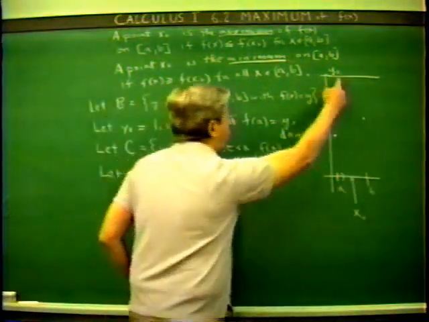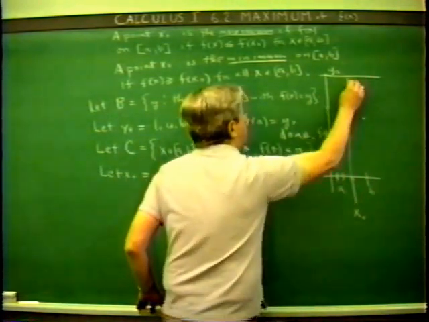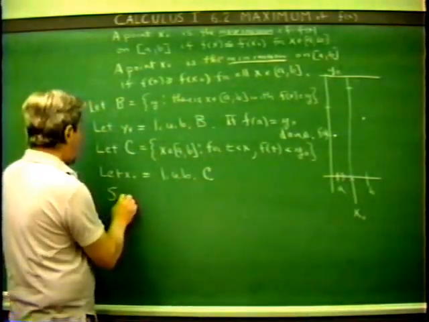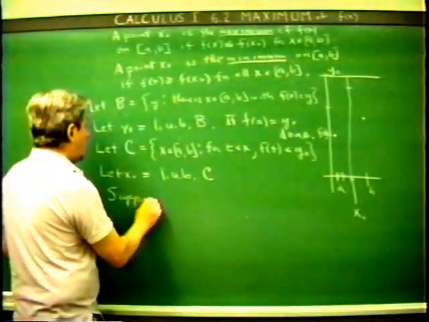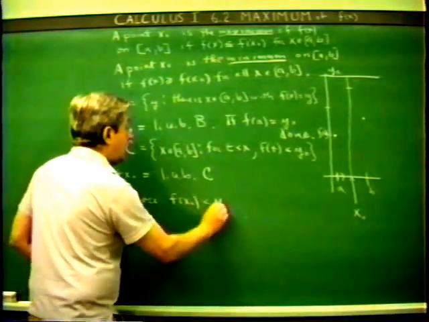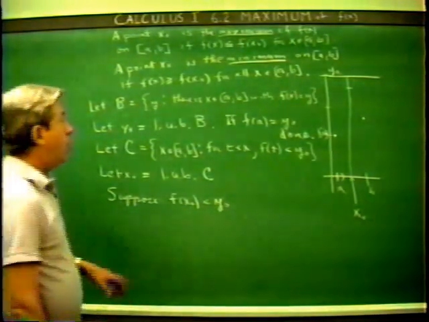Right? F of x naught can't be larger than y naught, so there's only one other possibility. If it's not larger than y naught, it possibly is less than y naught. So suppose f of x naught is less than y naught.